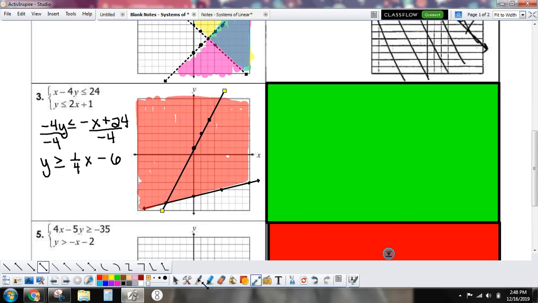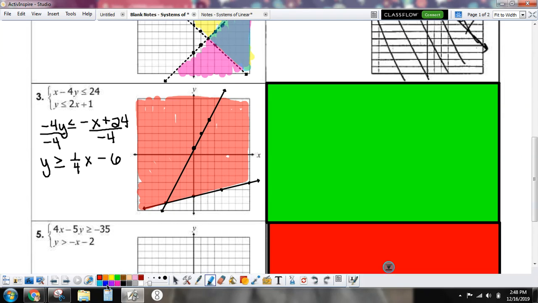So I'm going to shade everything underneath. And this section right here in this middle area, where it overlaps, is my solution area. This is my solution set right here. Anything that falls in this shaded area fits. Try the next one.